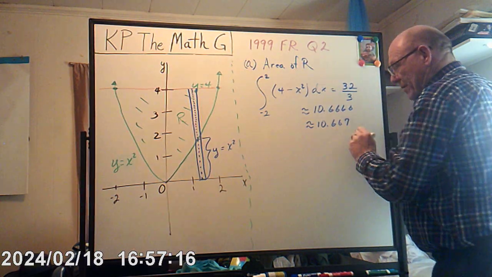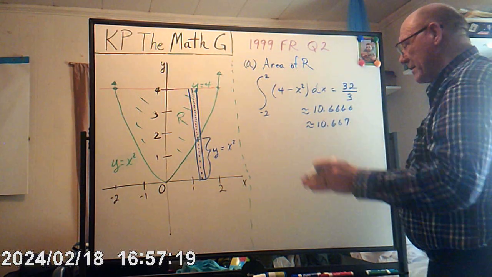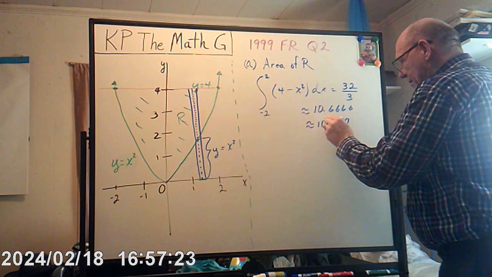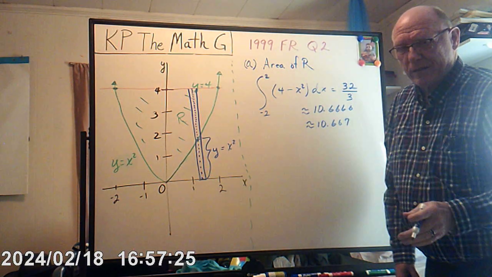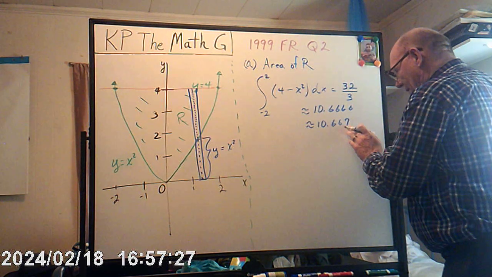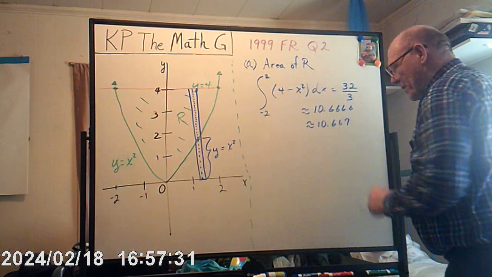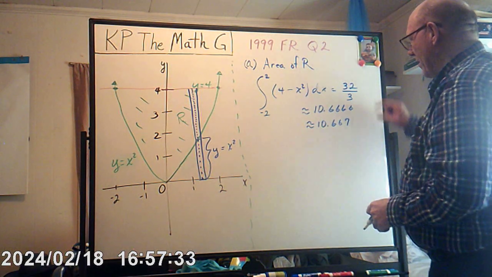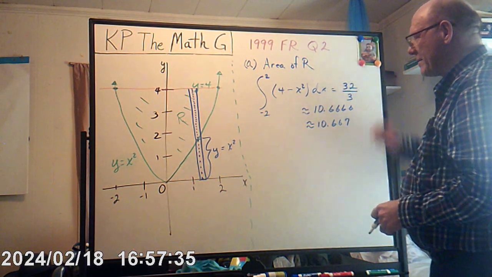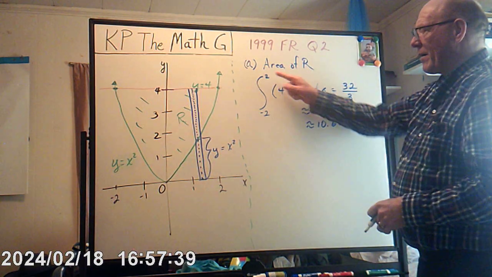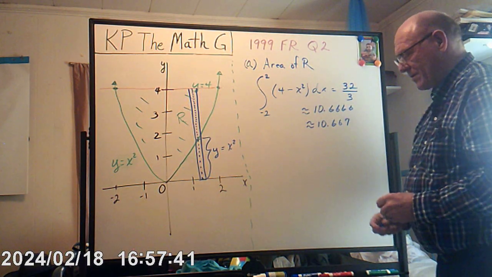Or you can just leave it as 32 over 3. That would be in square units since we're dealing with area, and that's how you do the first one.